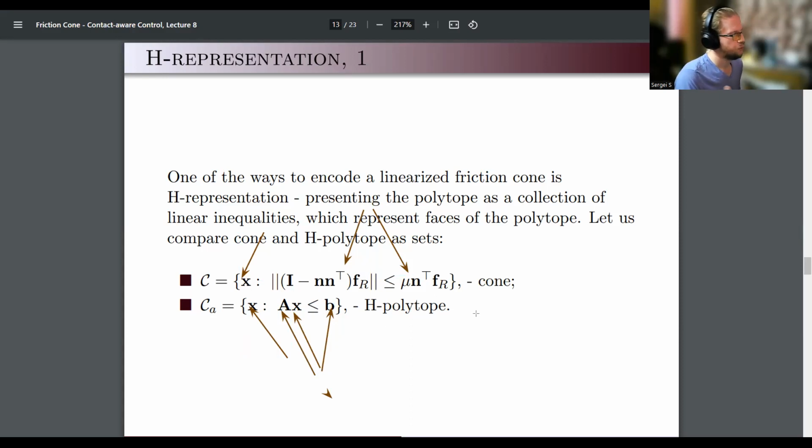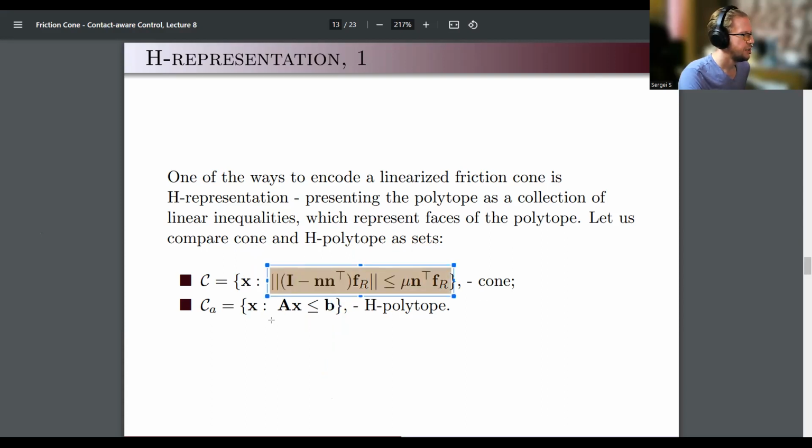So set notation. And you can see that the difference between the two is that the first has an SOCP constraint, the second has a linear inequality constraint. SOC, linear inequality.